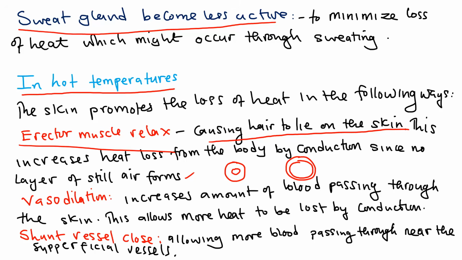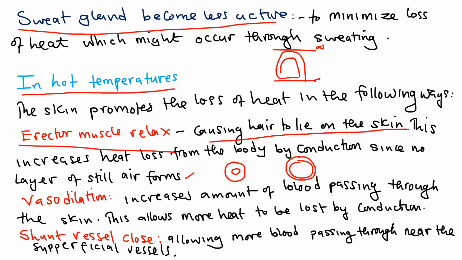Then the shunt vessels this time around are the ones that open. We say the shunt vessels are the ones that are on top. We have the superficial vessel down here. The shunt vessels are here near the skin. Okay, the shunt vessels close, please.